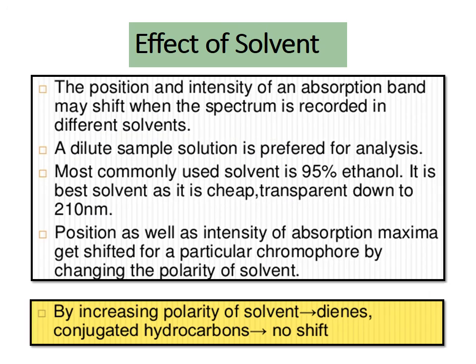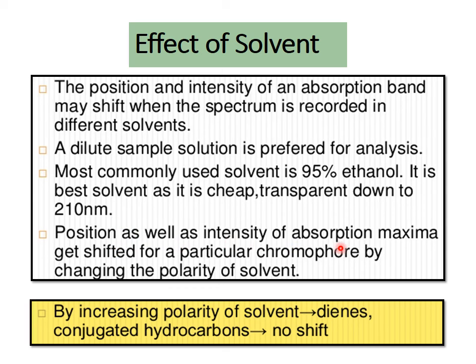Next we are going to see the effect of solvent. The position and the intensity of an absorption band may shift when the spectrum is recorded in a different solvent. A dilute sample solution is always preferred for analysis. The most commonly used solvent is 95% ethanol. It is the best solvent as it is cheap and transparent down to 210 nanometer.